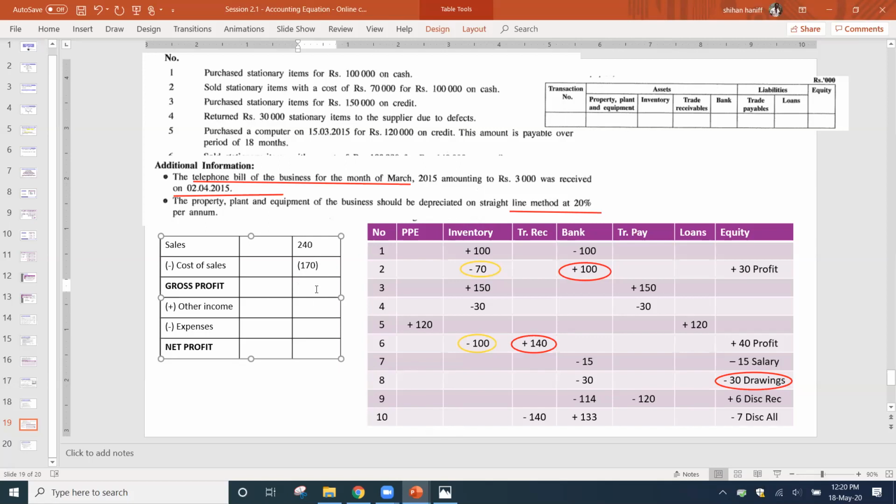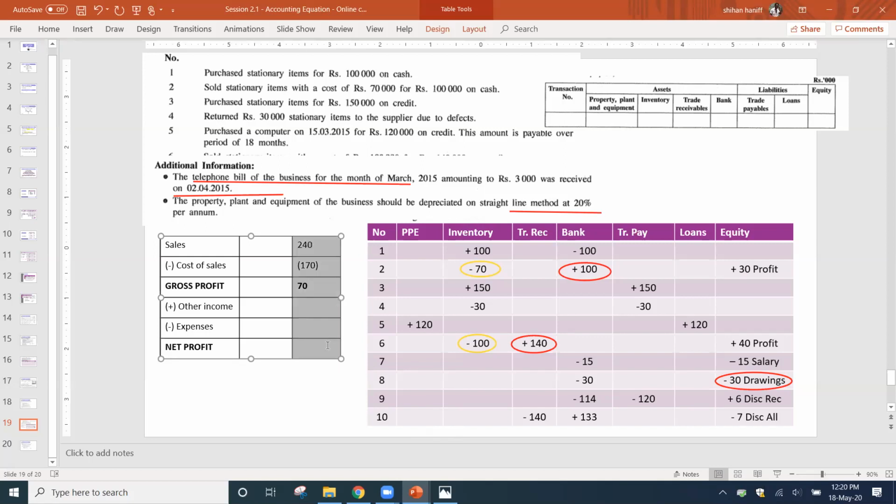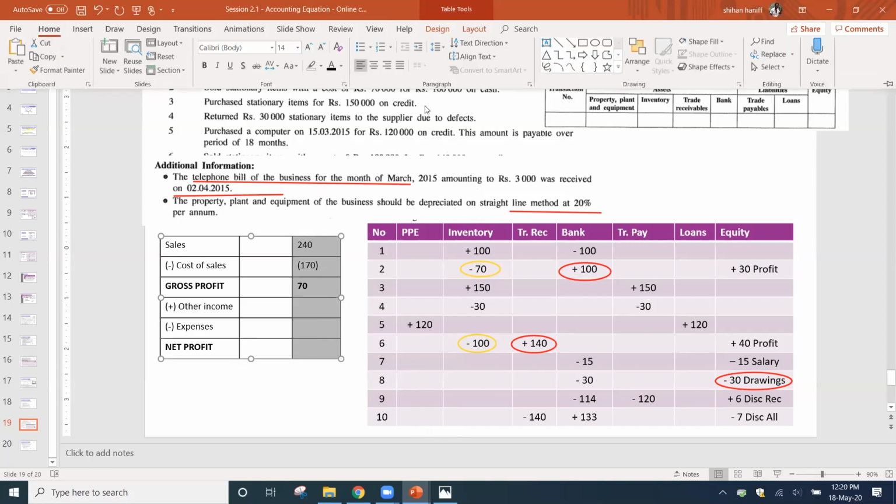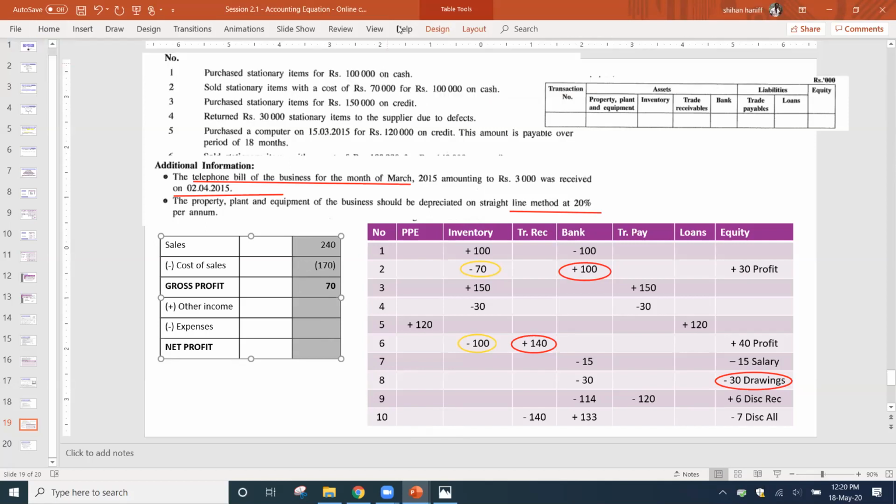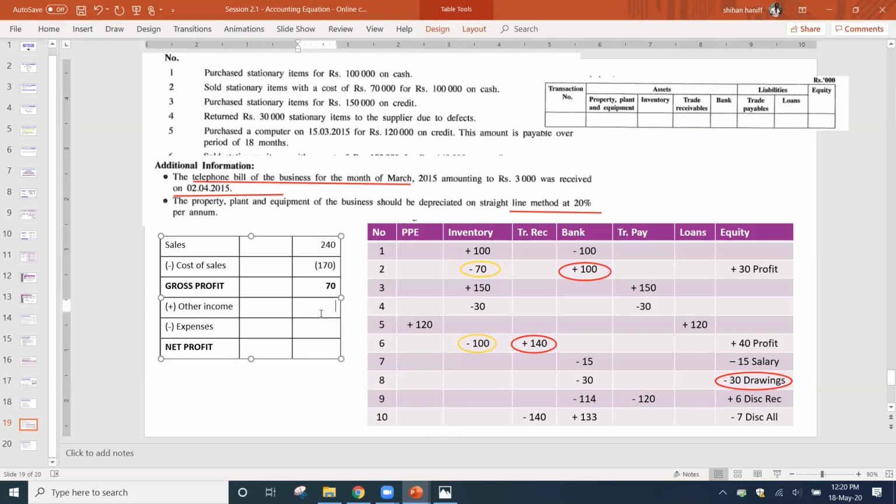And the gross profit will be 70. 240 sales, cost of sales 170, gross profit is 70.